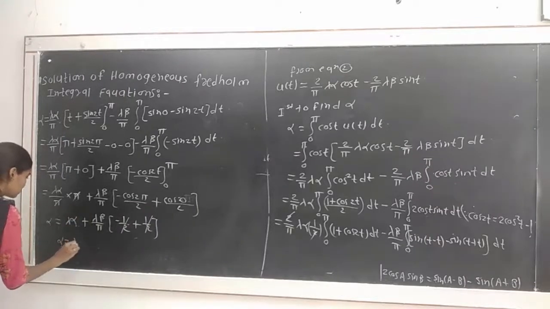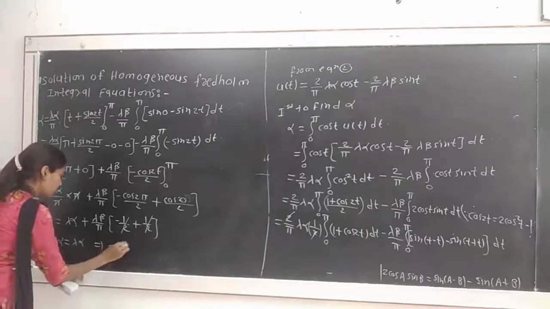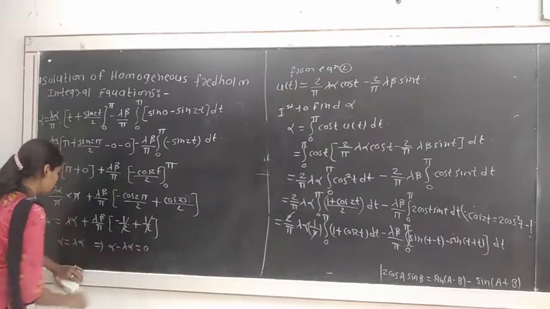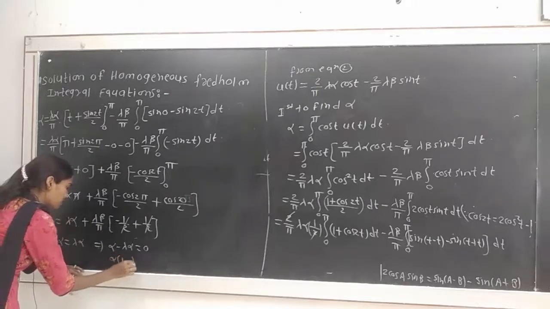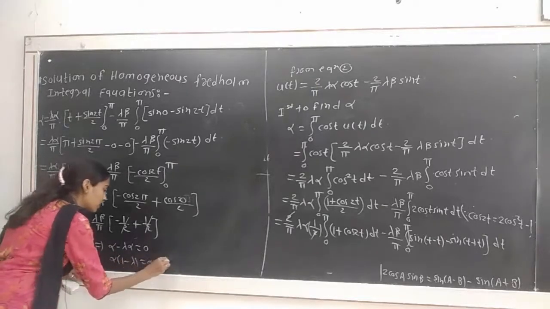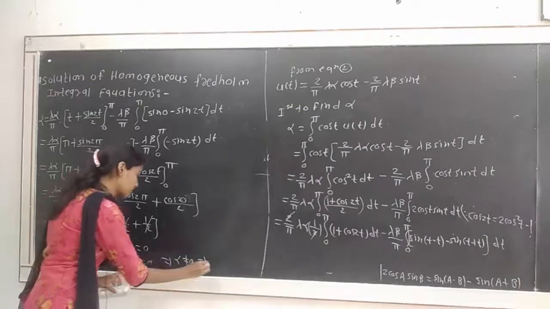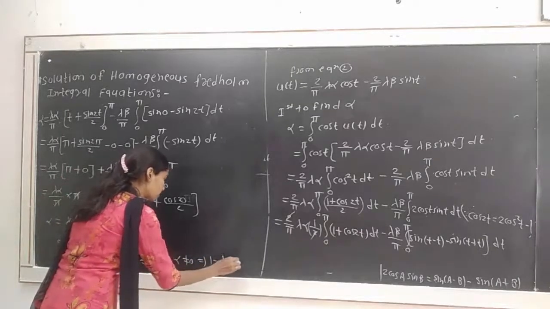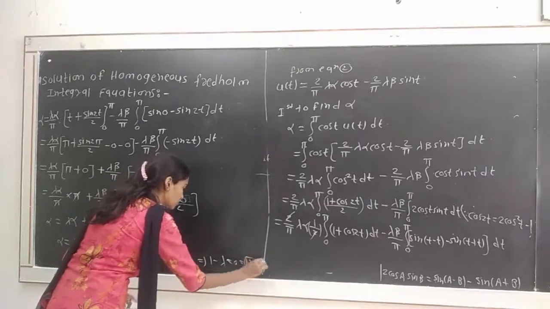So we get alpha is equal to lambda alpha, and from that we get the equation alpha minus lambda alpha is equal to 0, and we get alpha into 1 minus lambda is equal to 0. Again here we take alpha not equal to 0, so we get 1 minus lambda is equal to 0, that is we get lambda is equal to 1.